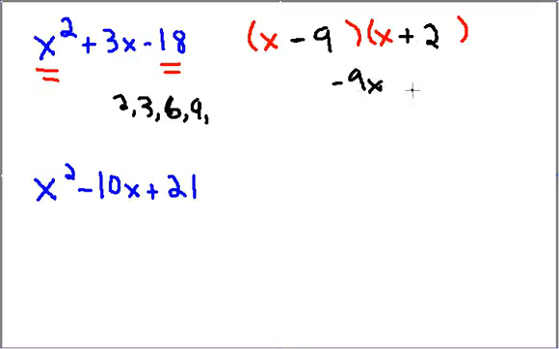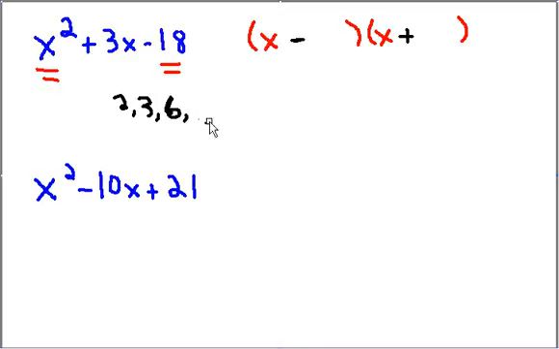And 2 times x is plus 2x. Minus 9x plus 2x is minus 7x. That's still not what we're after. We're after the plus 3x there. So then, minus 9 and plus 2 or minus 2 and plus 9 do not work. So no combination of 9 and 2 works.